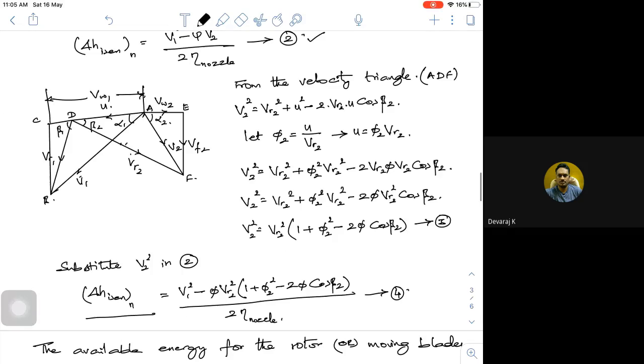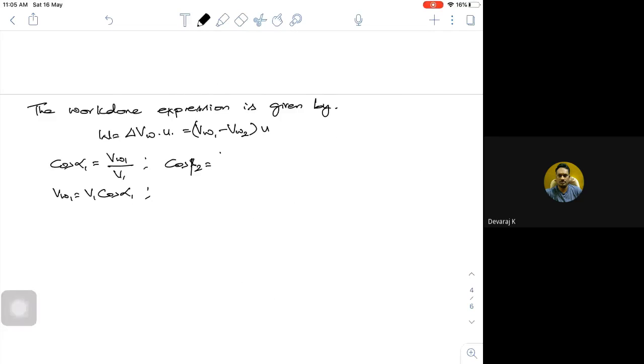Cos beta 2 is VW2 plus U divided by VR2, or I can write VW2 is equal to VR2 cos beta 2 minus U.